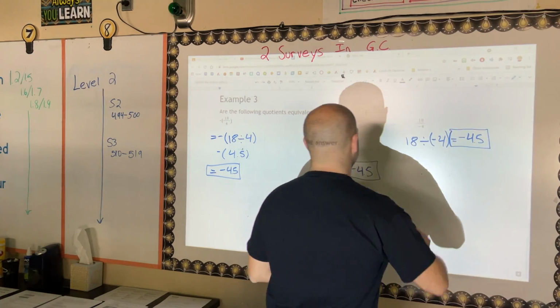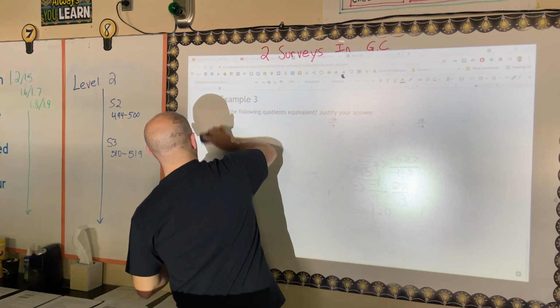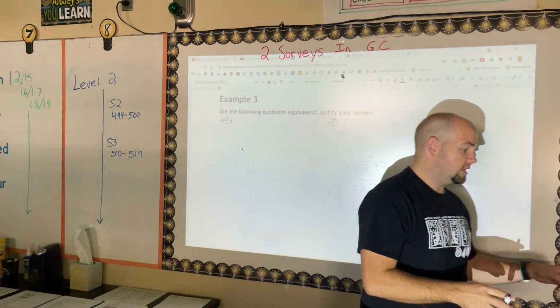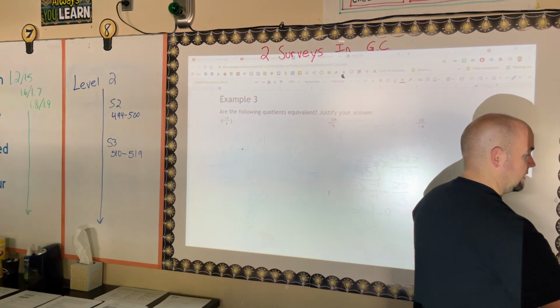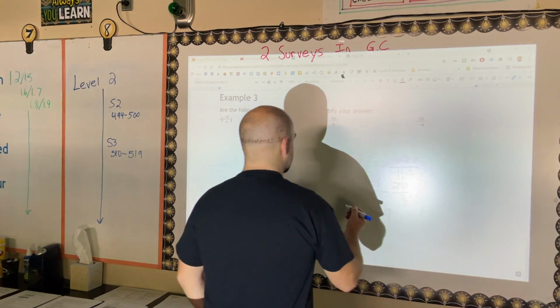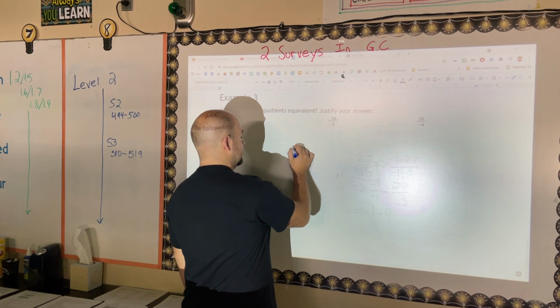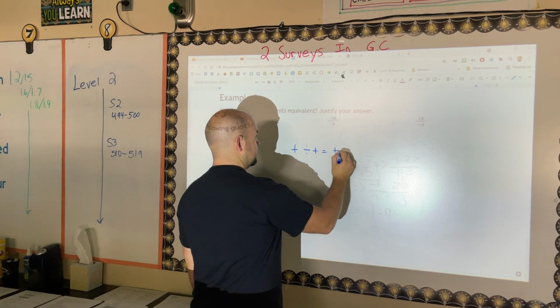So if we're going to divide rational numbers, it's going to be the same rule there. I'm just going to scroll to some blank space. There isn't any. So if I'm going to divide a positive, again, it's a positive.